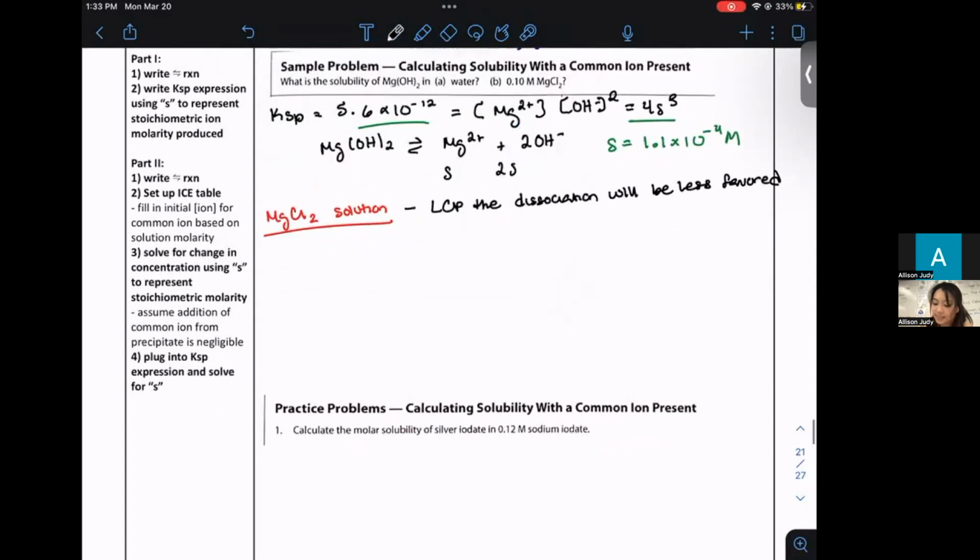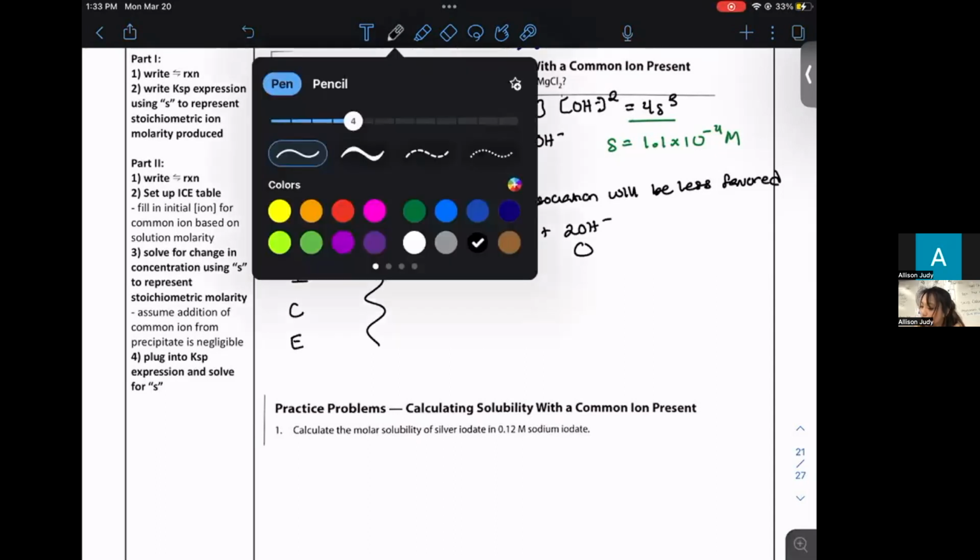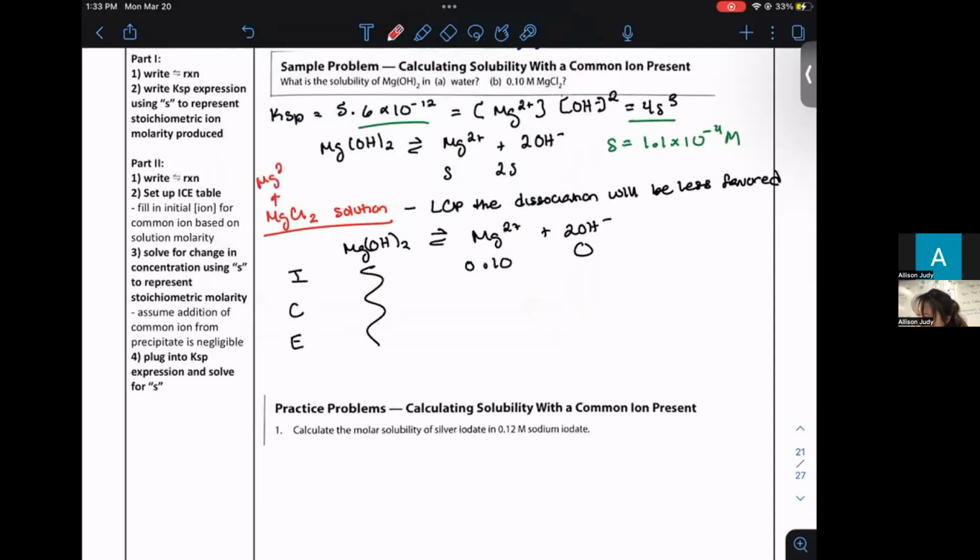So then what we see is that we have to set up an ice table. And here we're going to go back to ice tables. According to my reaction of MgOH2 forming Mg2 plus and 2OH minus, my ice table would tell me that when I initially drop in my MgOH2, it doesn't matter because it's a solid, but I do initially have, instead of 0 ions, my solvent provides me 0.10 molar ions, because for every 1 MgCl2, I have 1 Mg2 plus.